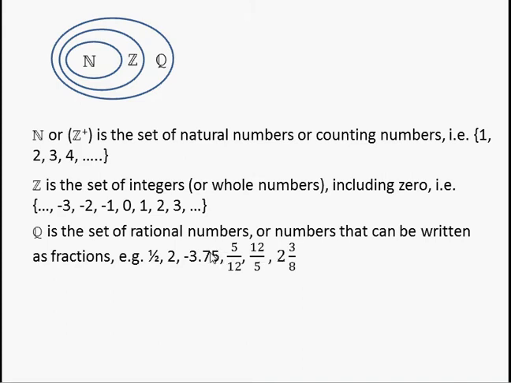Anything that could be written as a fraction is a rational number. Just a note, why is it the letter Q? Well, Q for quotient. So fraction, ratio, quotient, rational number.